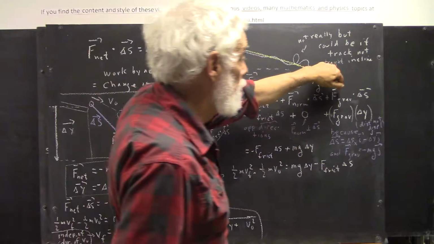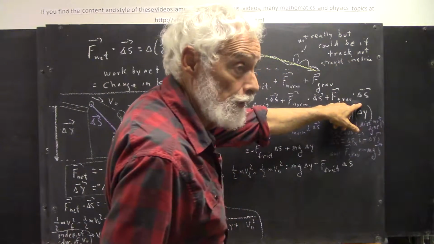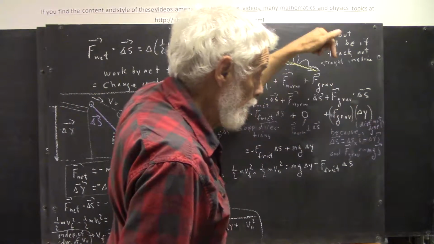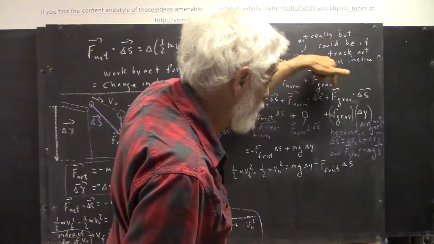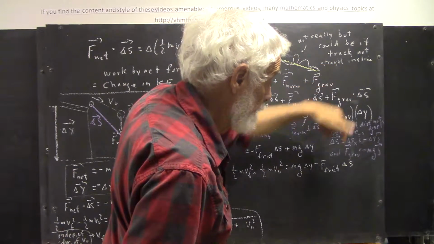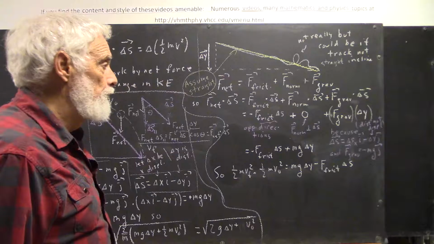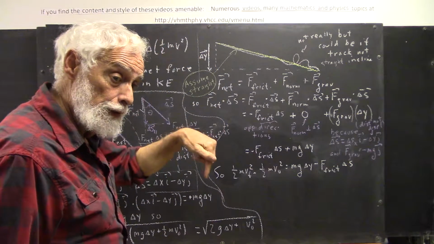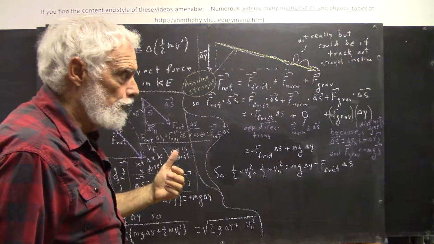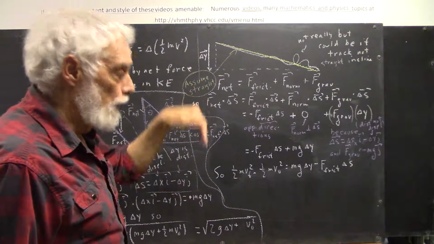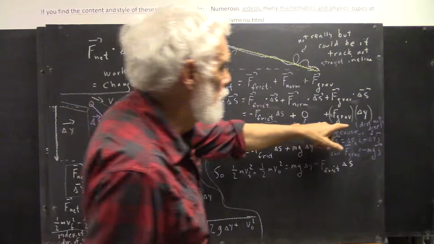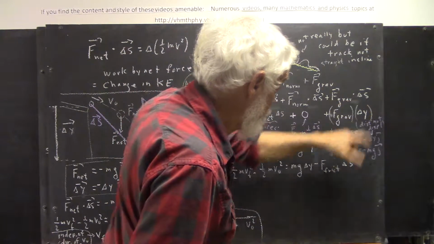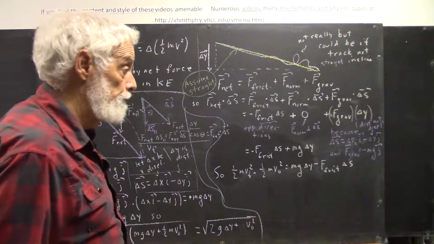When you dot F grav with delta S, as we saw here for the same reasons, you just pick out the vertical component of delta S and multiply that by the gravitational force. Since the vertical component of delta S is downward and gravity is downward, we multiply the force of gravity by the vertical component of delta S, which is just your delta y.